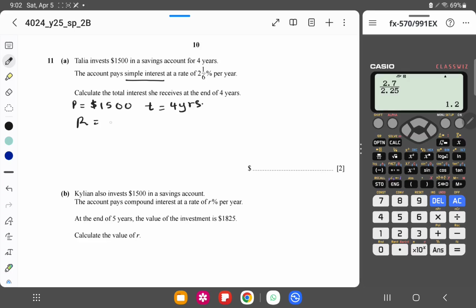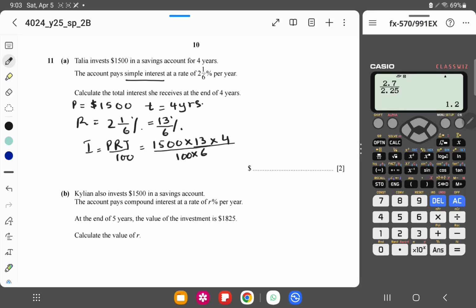The rate is given as 12 and 1 over 6%. We can write it as 13 over 6% per year per annum, and calculate the interest she received at the end of 4 years. Only interest is required. So I equals PRT upon 100, that is 1500, R is 13 over 6 and time is 4, upon 100.